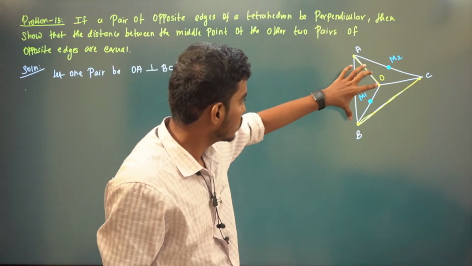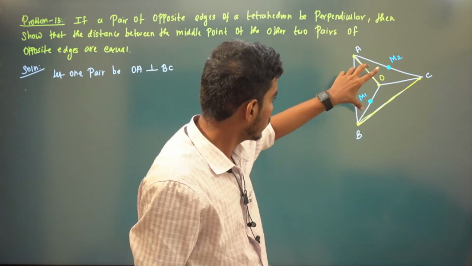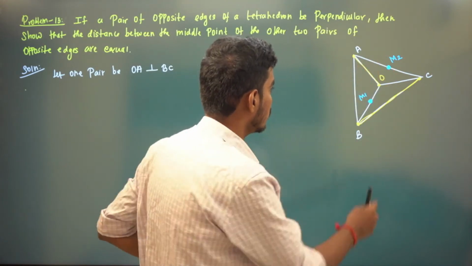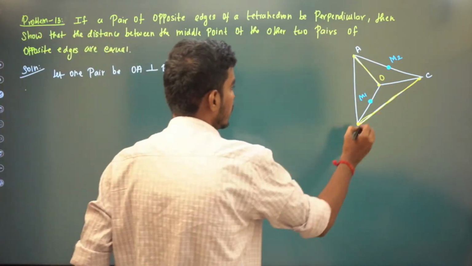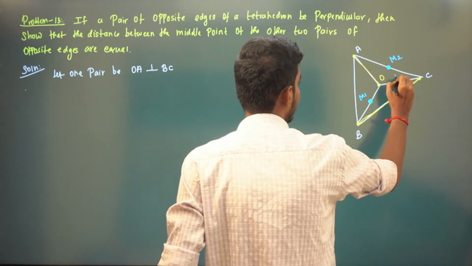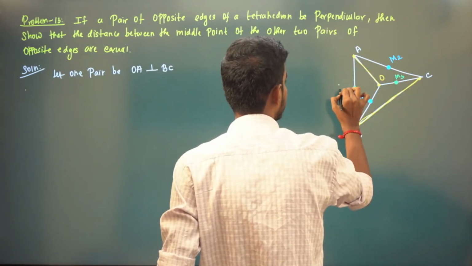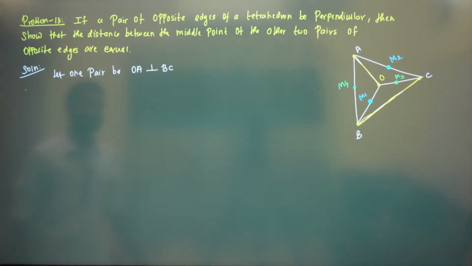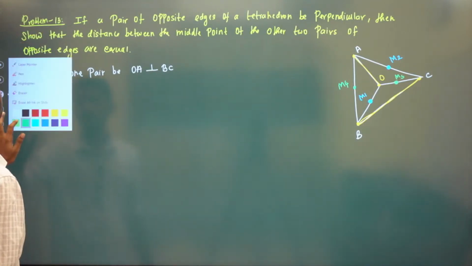Other two pair is OB, AC and OC, AB. So the other two pairs midpoint, let this point be M1, M2, and this pair is OC, AB. Let this be M3, M4. OC midpoint is M3, AB midpoint is M4.